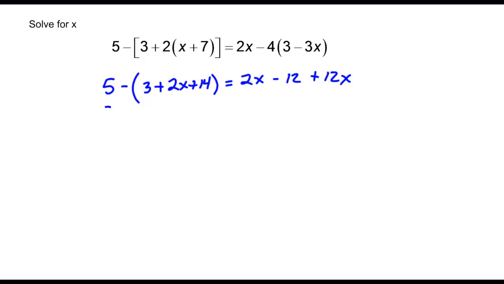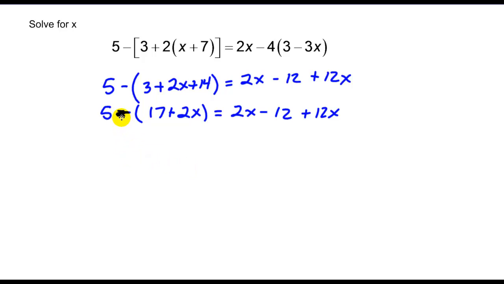Combine like terms in the parentheses. So I have 5 minus 17 minus 2x, plus 2x is equal to 2x minus 12 plus 12x.